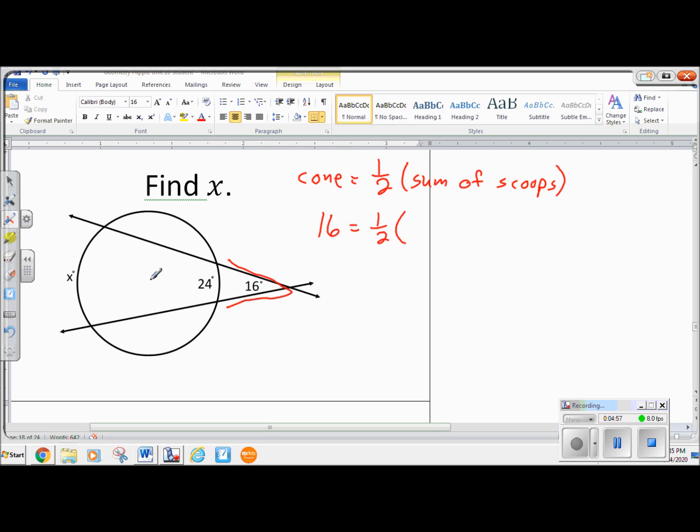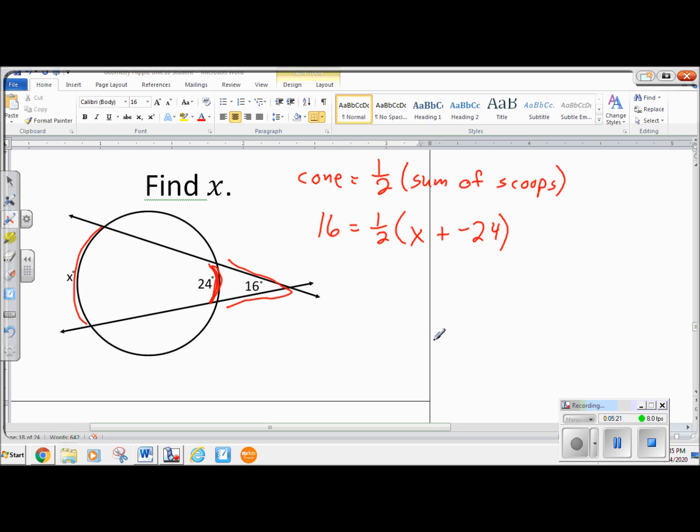The scoops, we have a positive scoop of x, and here, this scoop is dug out. Since it's dug out of the cone, it will be a negative scoop. So negative 24.